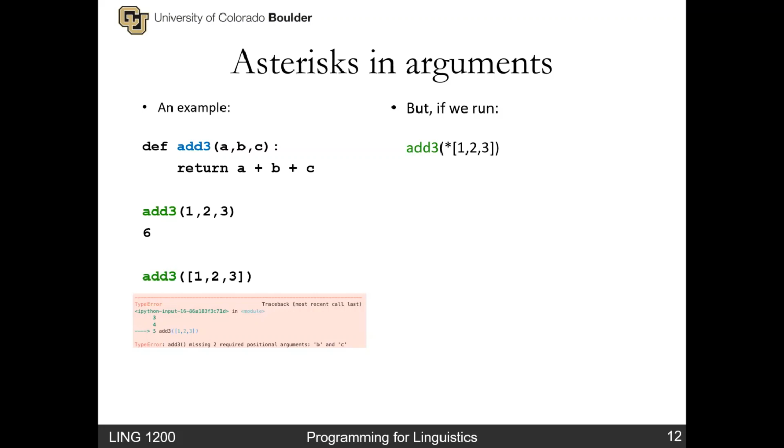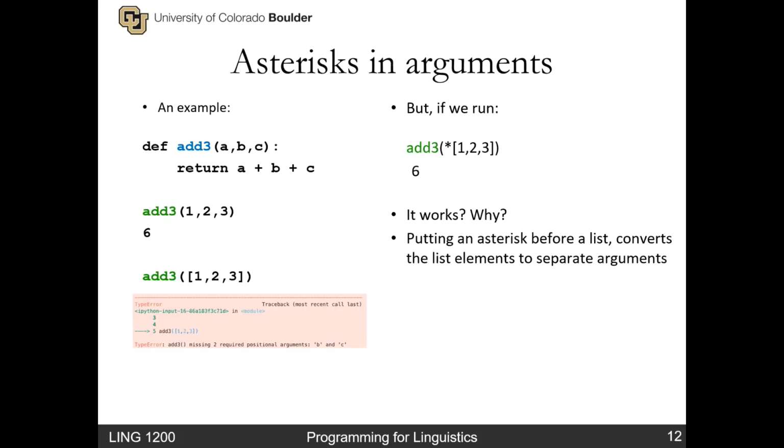However, we can do this. We can add an asterisk in front of that list. So we can, instead of indexing in and getting each of the elements, let's just pass it that list, and in front of the list, put an asterisk. If we do that, we're going to get back 6, which is exactly what we would get if we passed in each of those numbers as an argument. So why is that working? What's the difference here?